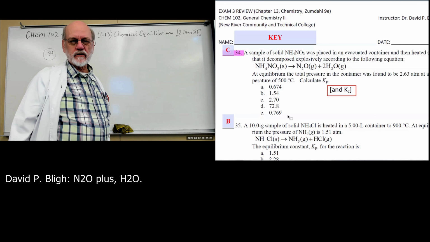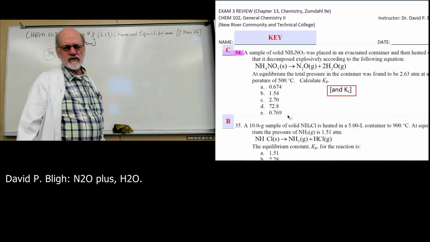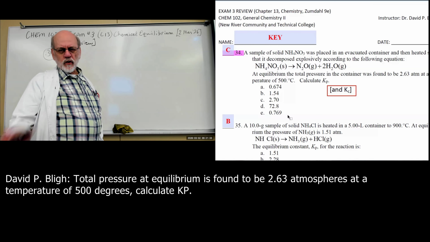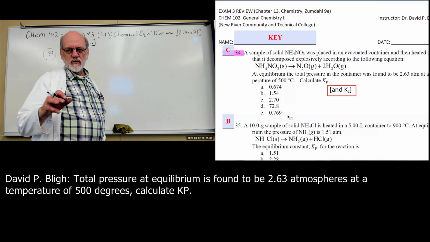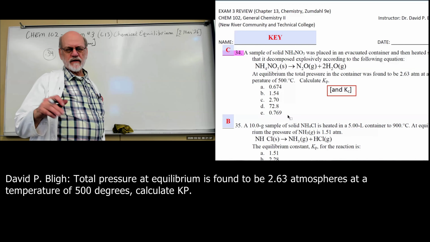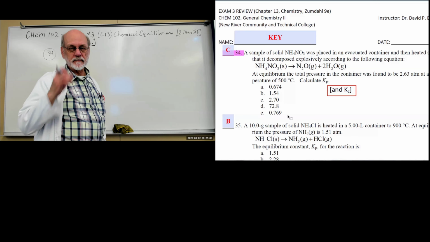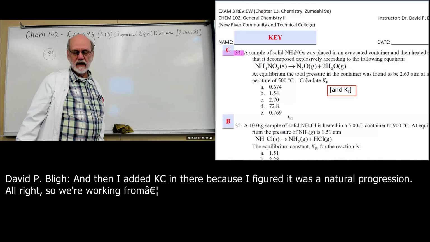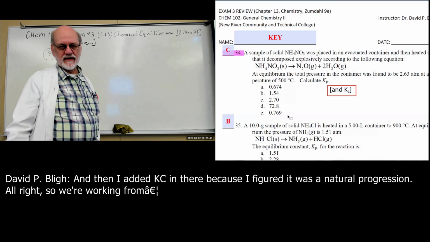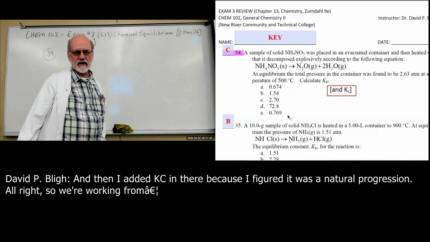Okay. N2O plus H2O. Total pressure at equilibrium is found to be 2.63 atmospheres at a temperature of 500 degrees. Calculate Kp. And then I added Kc in there because I figured it was a natural progression.